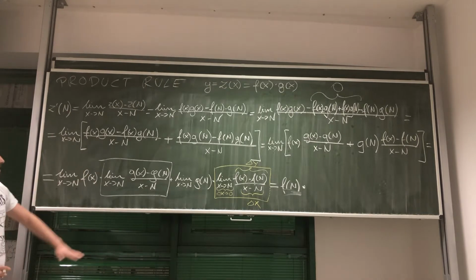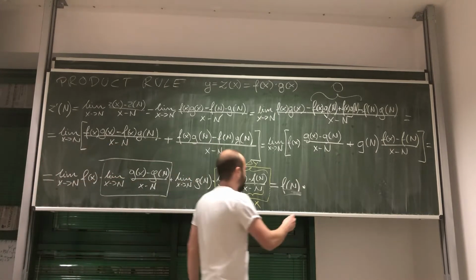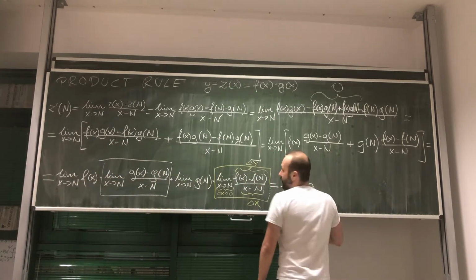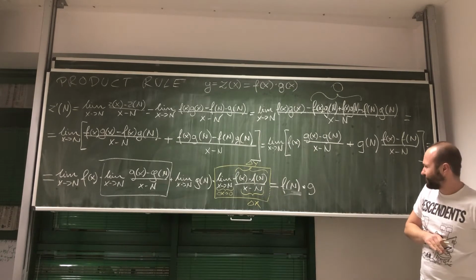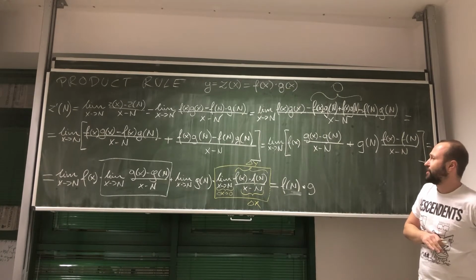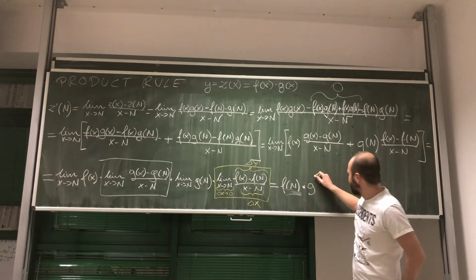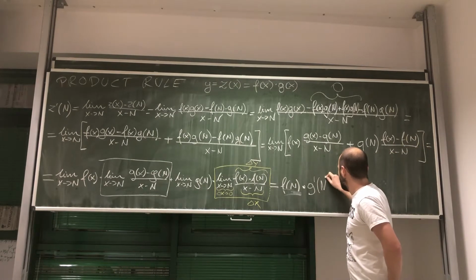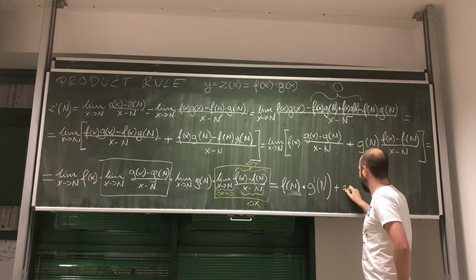And by the same token, this expression is the limit of the function with x approaching n, at point n, so it is f prime of n. Now we've got plus g of n, right?